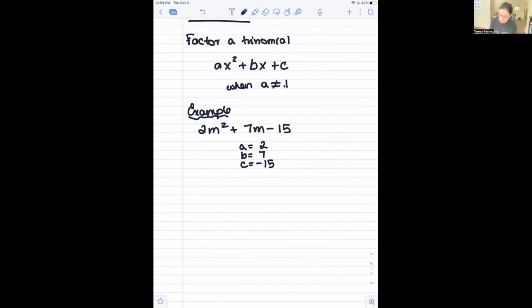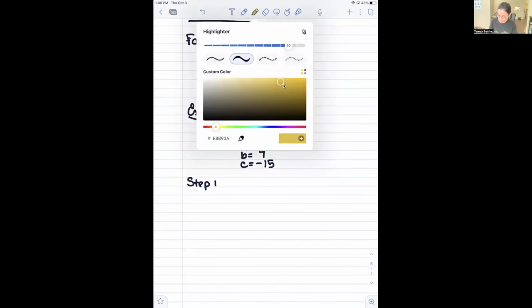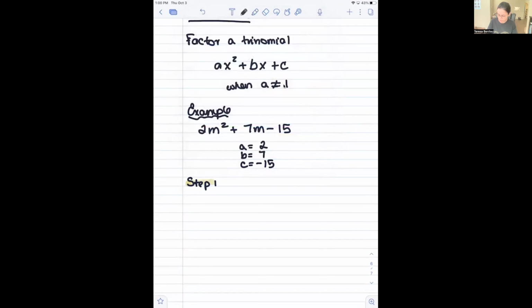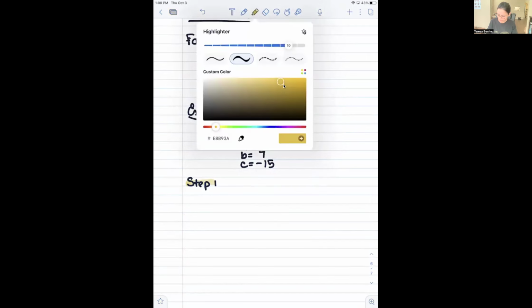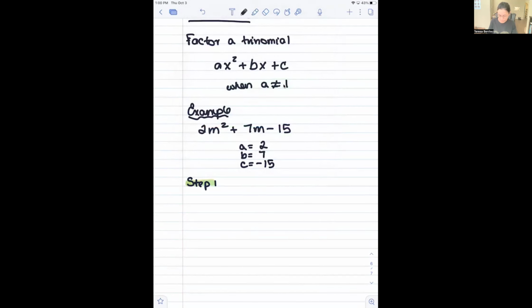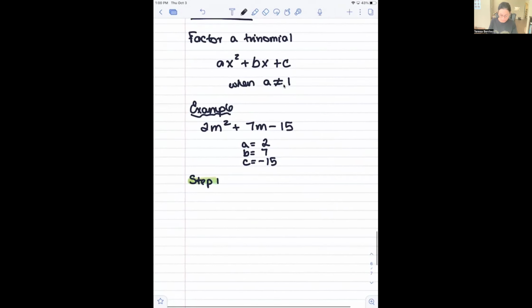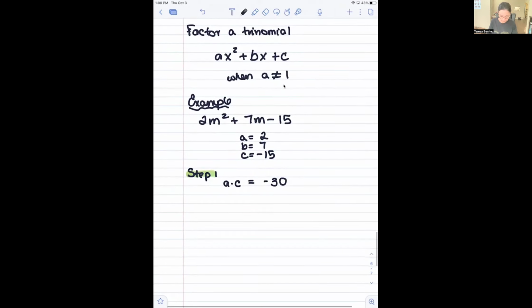I'm going to follow the steps. Step 1, we want to multiply a times c. So a times c from step 1 applied to this example is negative 30. That's step 1. Excellent. Now let's look at step 2.